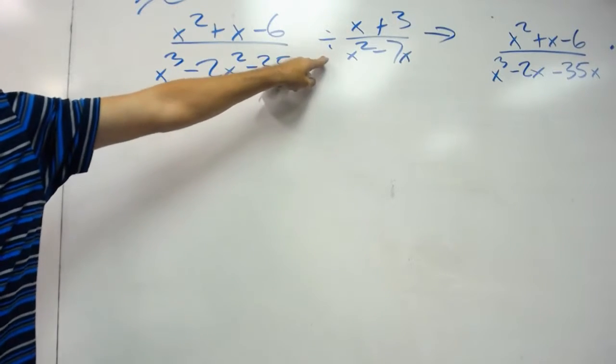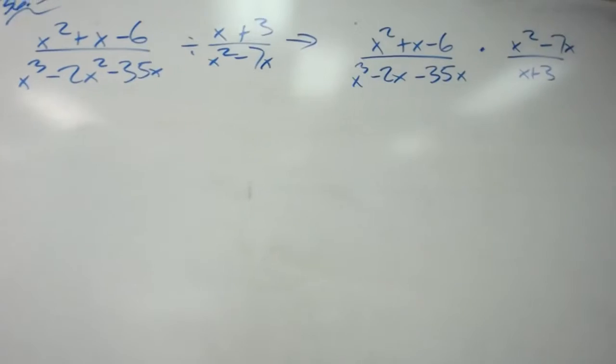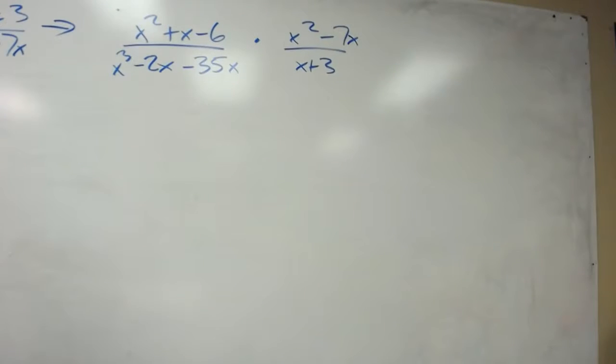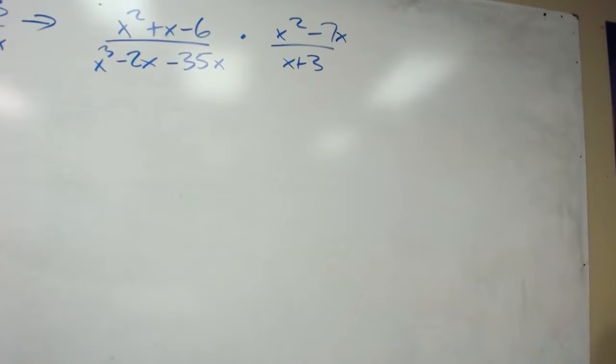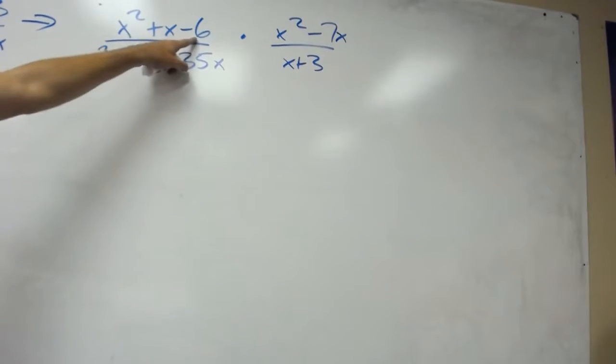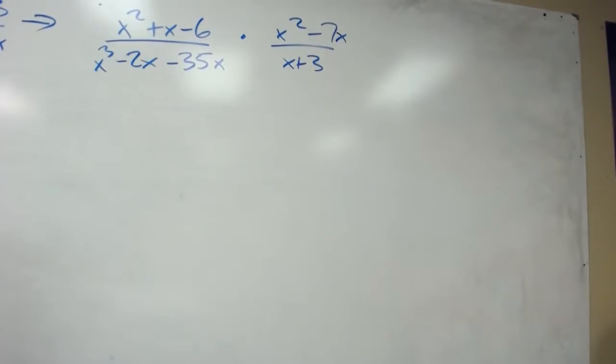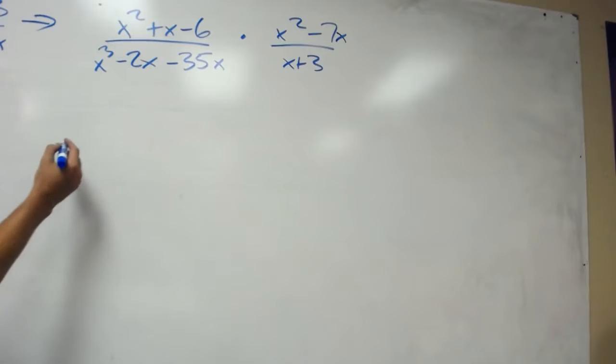Well, first thing, we see the division, so we flip it. I think we know that, so I went ahead and rewrote it over here, got it in the right format. And now we start factoring. Let's look at this one. We know what to do here. x squared plus x minus 6: positive 3 and negative 2 multiply to negative 6 and add up to be 1.